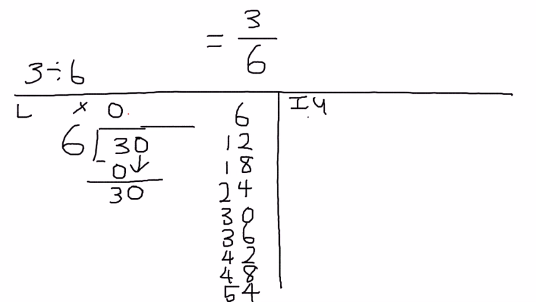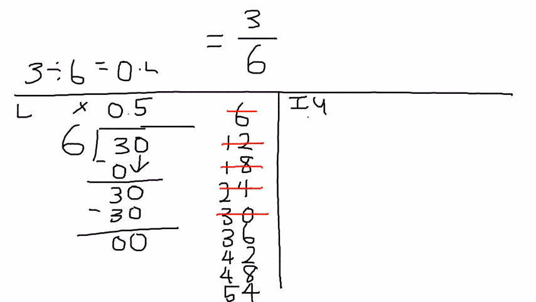So 30, let's look at 30. Which number is 30? 1, 2, 3, 4, 5. So go back up and write 5. So now you know 5 times 6 will give you 30. Because you minus them, and that will give you no remainder. So 3 divided by 6 is actually 0.5.